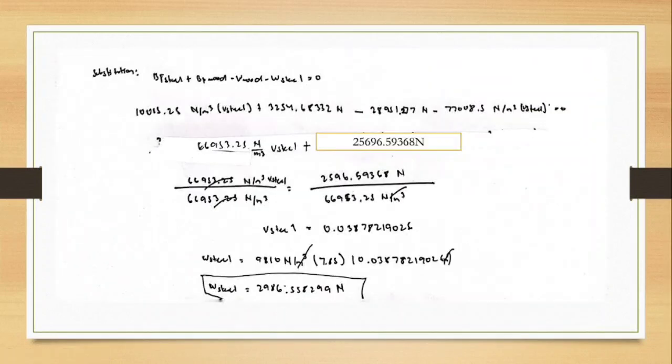Next is substitution. BF, buoyancy steel plus buoyancy wood minus W wood minus W steel equals 0.